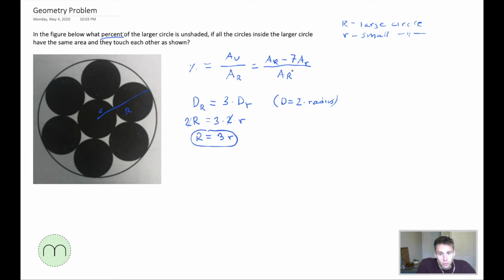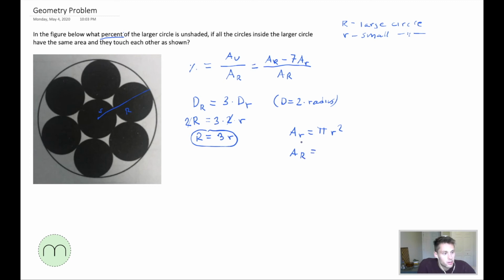So we can go back to the original equation, and we can try to write out the areas in terms of the small radius. So we know that the area of the small circle simply equals pi times small r squared. What about the area of the large circle?